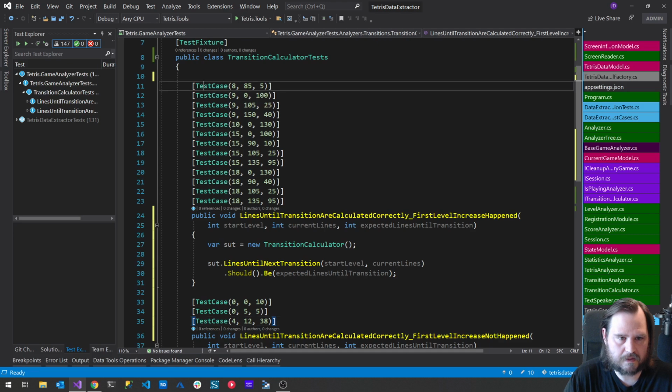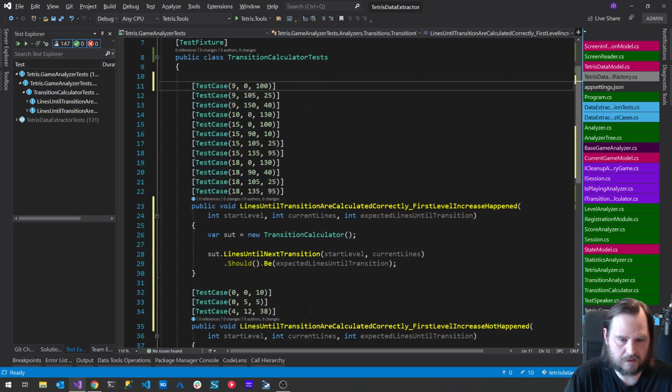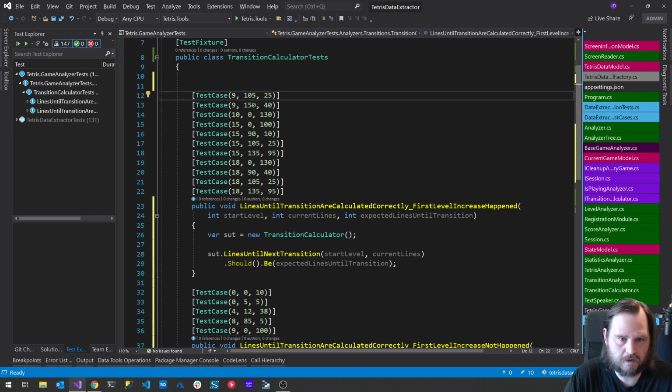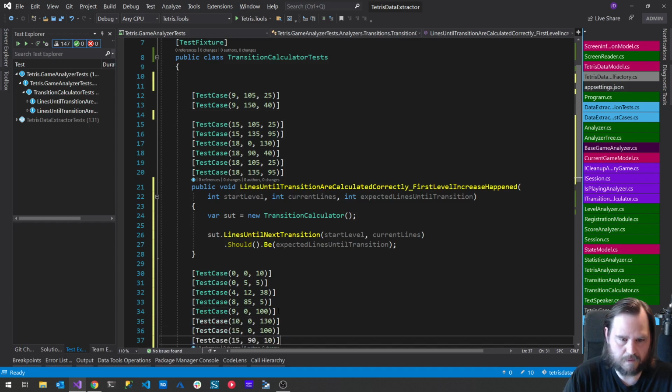So in this case, you haven't transitioned at all yet. You haven't transitioned here. Here you have. These ones you haven't transitioned. You didn't transition yet here either. So let's dump that down there.